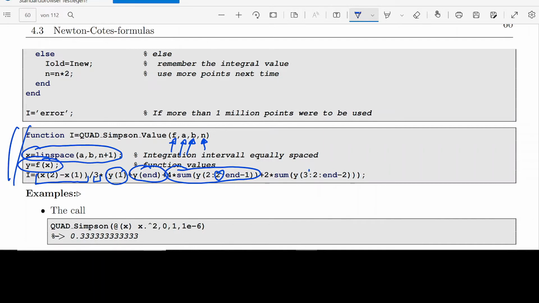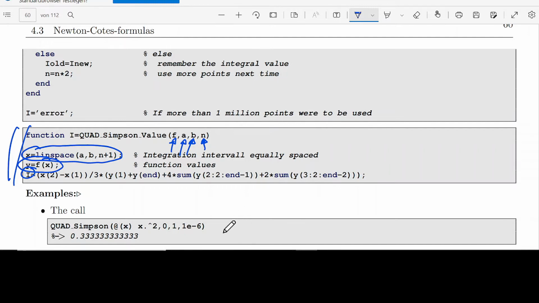Starting from the third value, so this is y2 in the formula above, these values get weight 2, and then in steps of 2 all the function values get weight 2. Then add all these values and you get your approximate integration value.